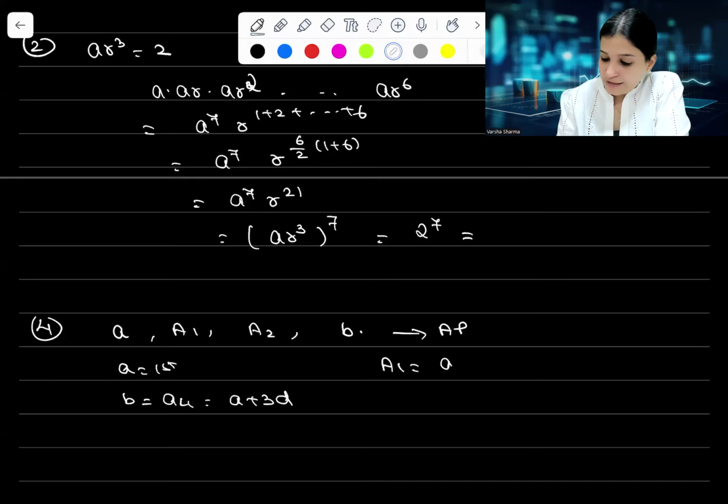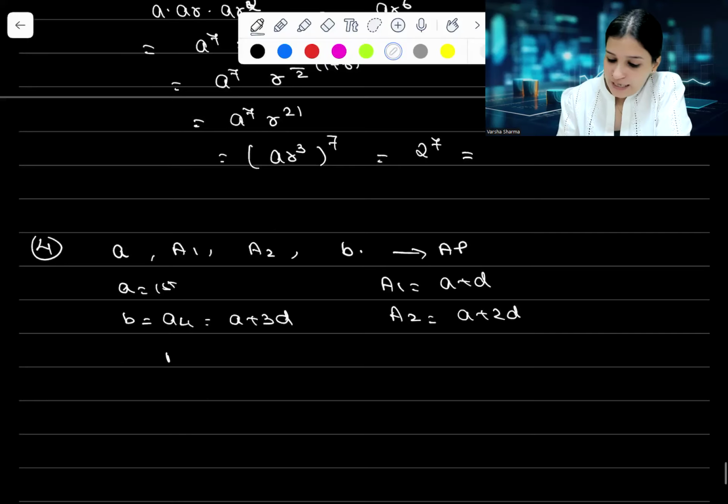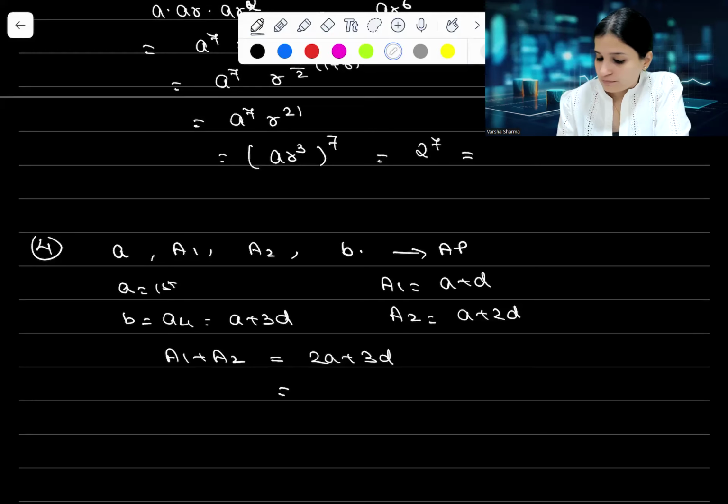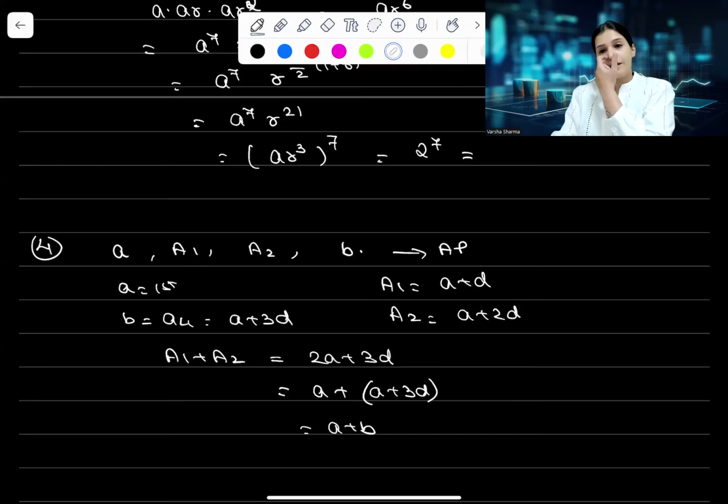A1 is the second term, a plus d. A2 is the third term, a plus 2d. We want A1 plus A2, so 2a plus 3d. This can be written as a plus (a plus 3d), which is a plus b. So A1 plus A2 is a plus b.